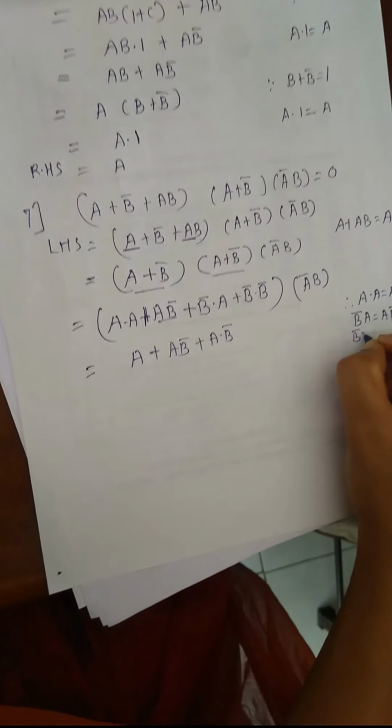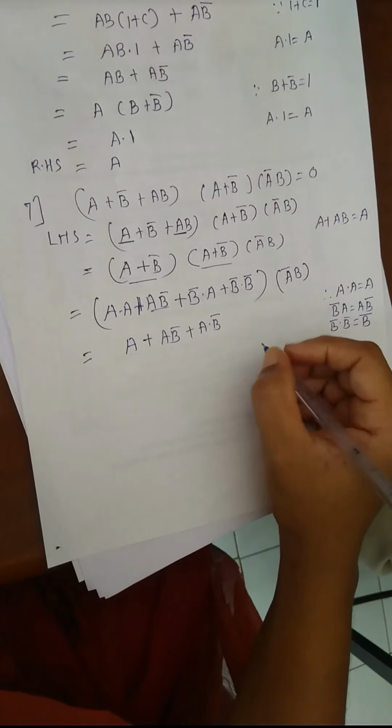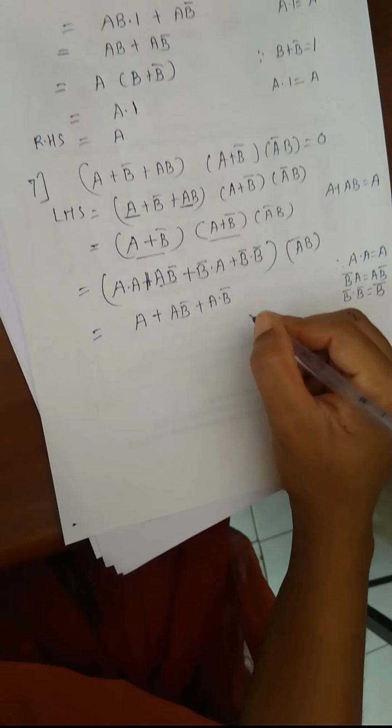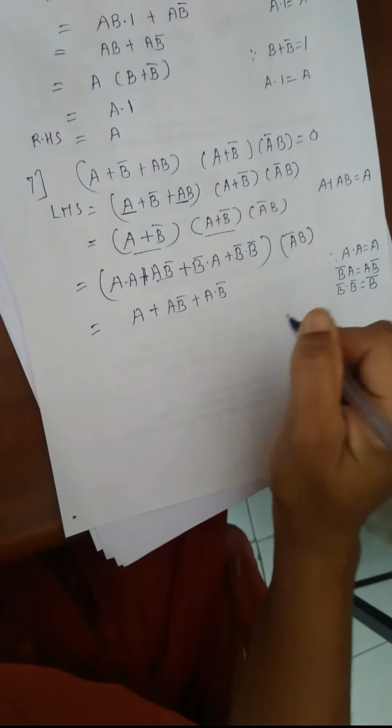Next B bar into B bar. B bar into B bar is represented as B bar, that law A into A is A. Similarly this term A B bar into B bar is represented as A B bar.